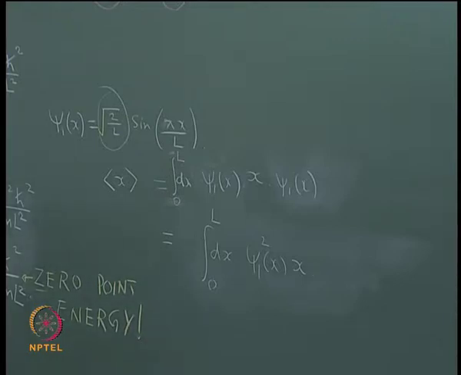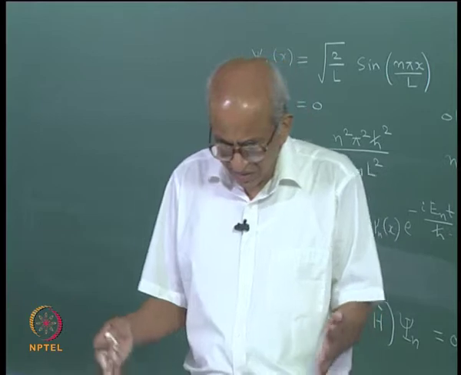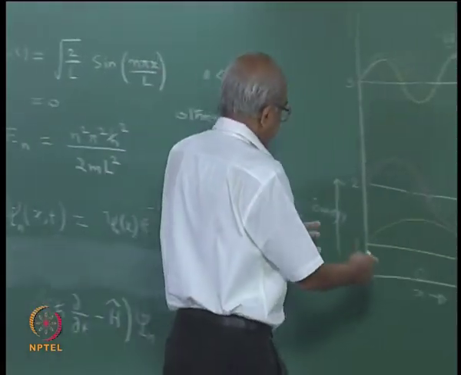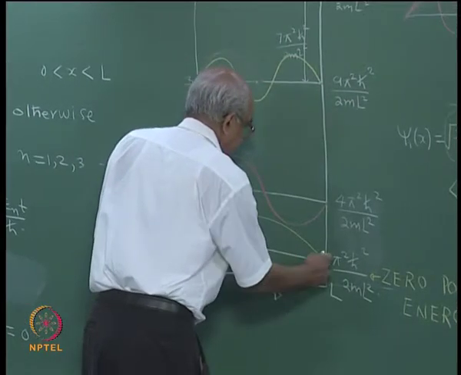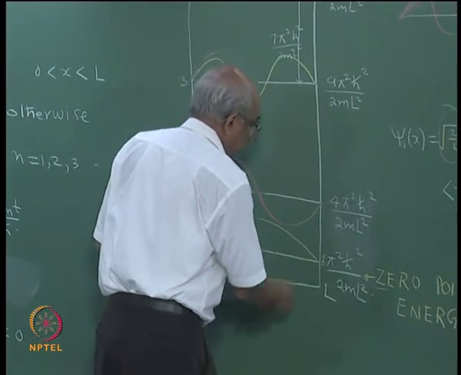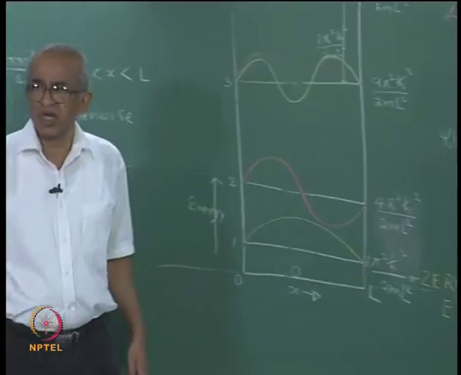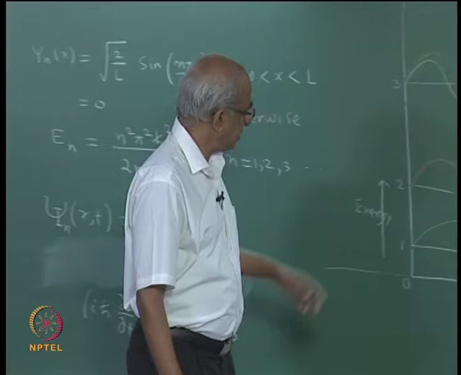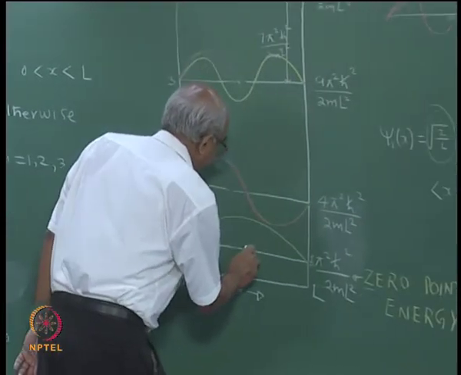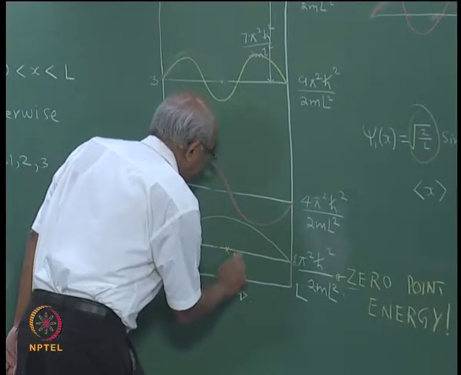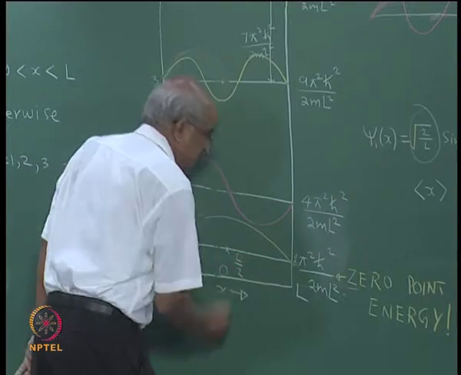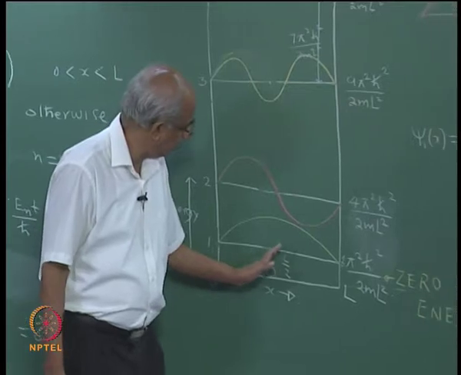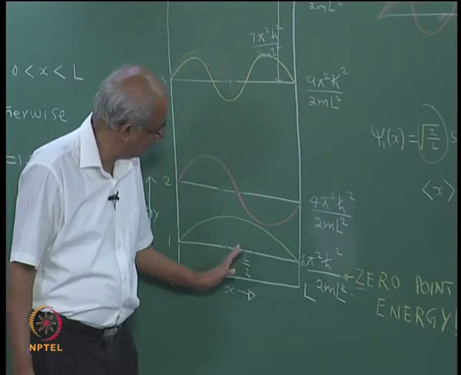I can of course calculate this, I will do that, but let us just think about the problem physically. I have a particle which I know is somewhere between x is equal to 0 and x is equal to L. And further, if I look at the most probable position, which is this point L by 2, if you look at the wave function, you will find that this wave function is actually symmetric about that point.